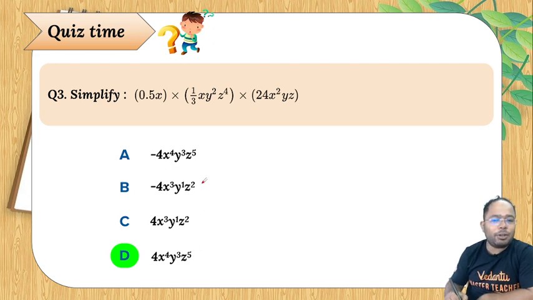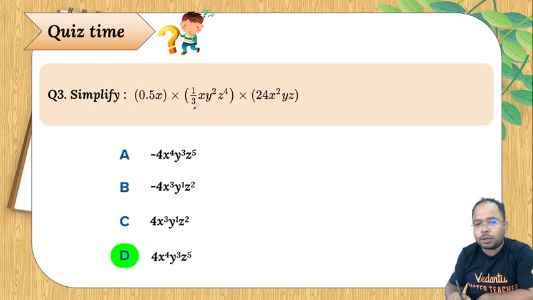Okay, so let's look how we can do this question. 0.5. Let's look into the sign. As I said, first look into the sign. Here we have a positive, then once again positive. So positive into positive is positive, then positive into positive again gives positive only. So our answer will definitely be positive.